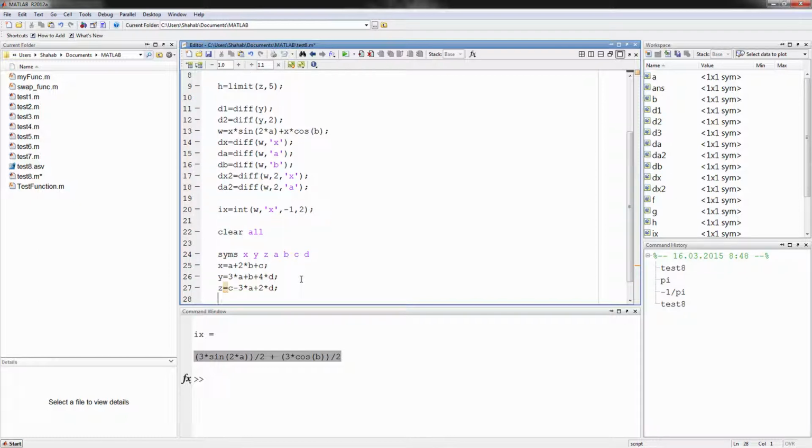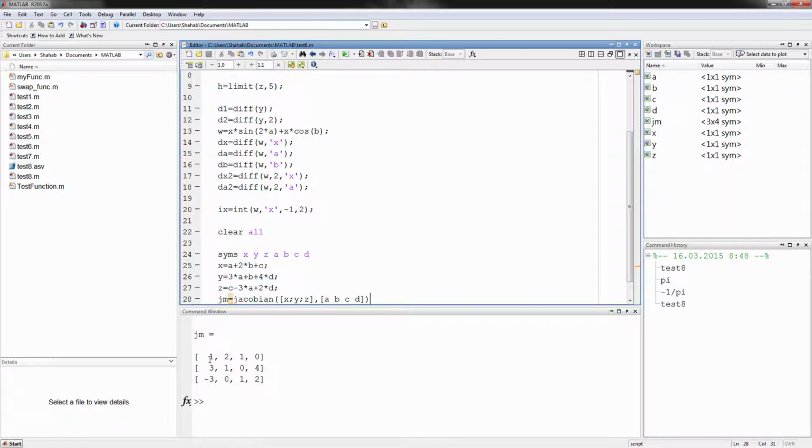Now I have my x, y, and z defined. Now I am defining the Jacobian matrix, let's say Jm, to be, the comment is Jacobian, and the way that I'm writing it is in this form: x, y, and z, comma, the derivatives are with respect to a, b, c, and d. And if I run it, what I will get is this.